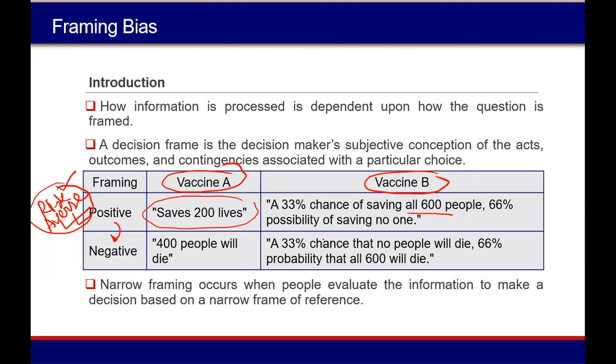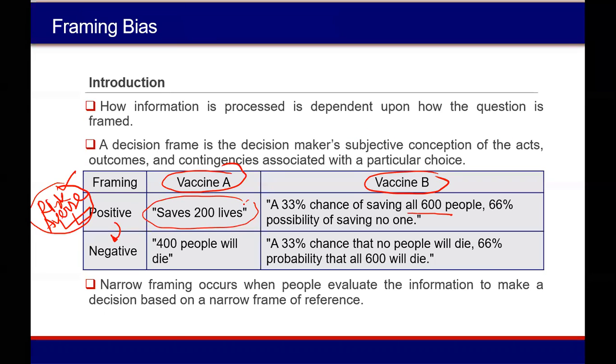Which one will be preferred by people? People will prefer vaccine B, but both are the same. In which case, negative framing or positive framing? Negative framing. Okay.